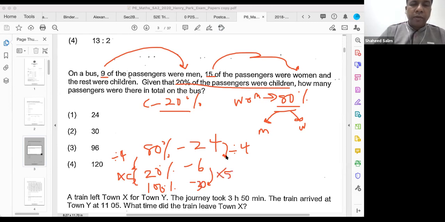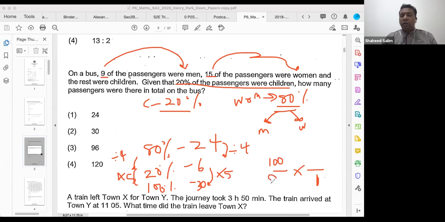Okay, that's one way of doing it. What's another way? I actually showed you the formula method last time. You remember that? The single method using formula. Down here will always be 1. What you want to find? You want to find 100% because you want to find all the passengers. So what percentage do you know?